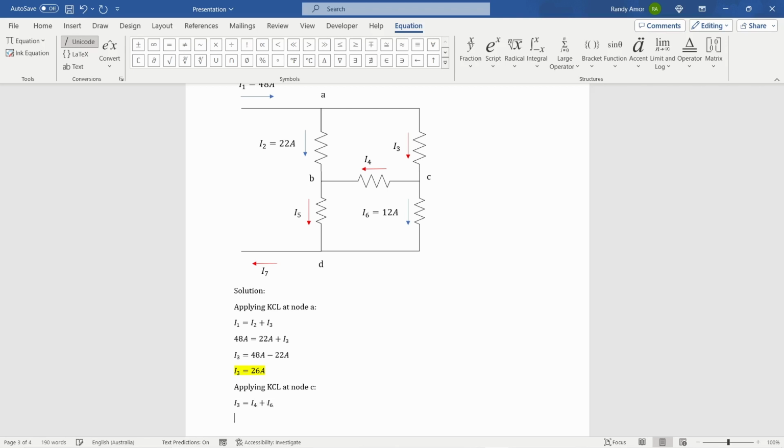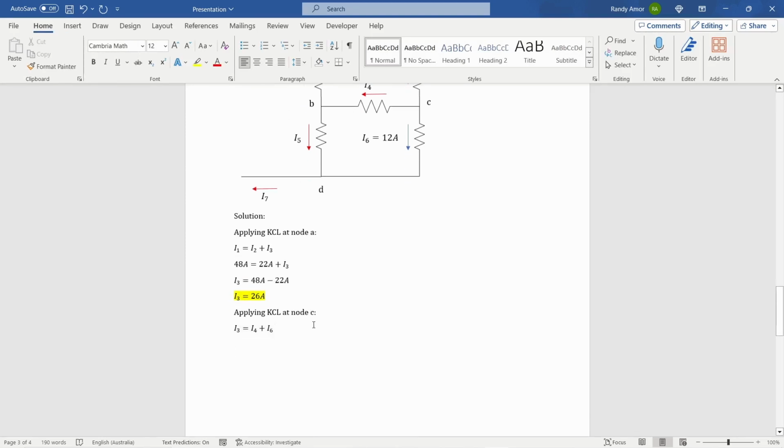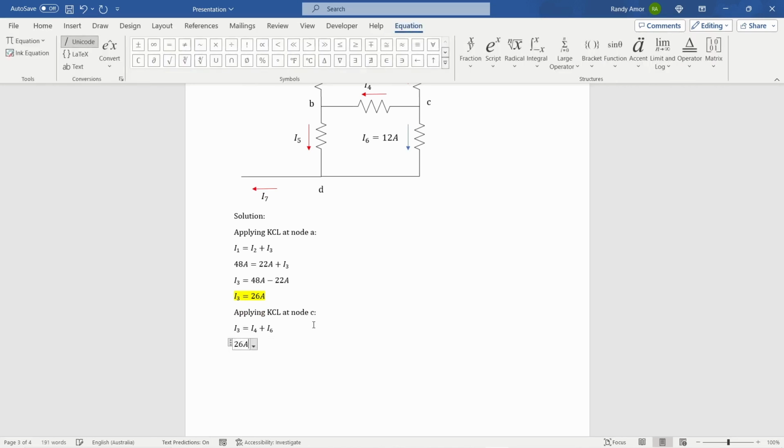We already have I3 there, which is 26 amperes. So 26 amperes is equal to I4, which is unknown, plus I6, which is 12 amperes.